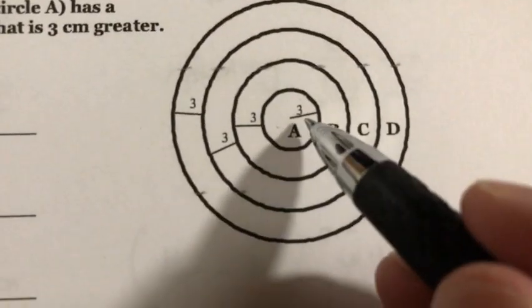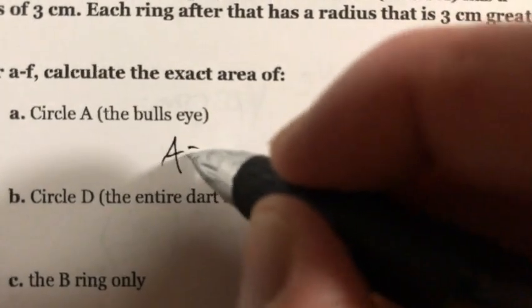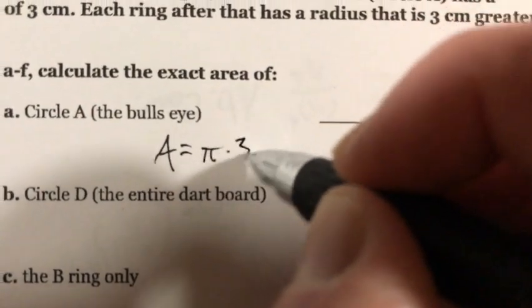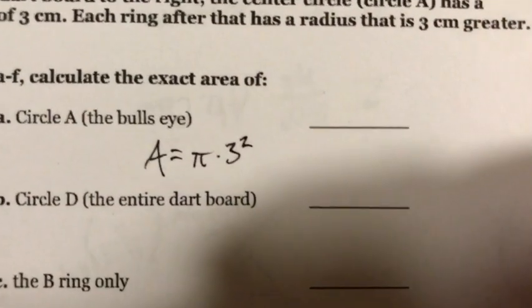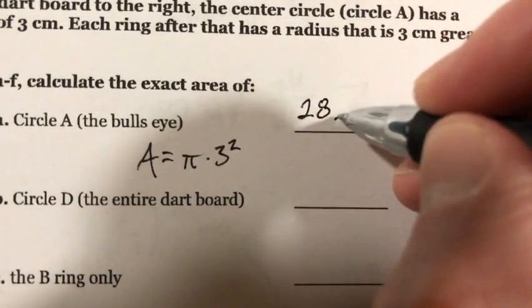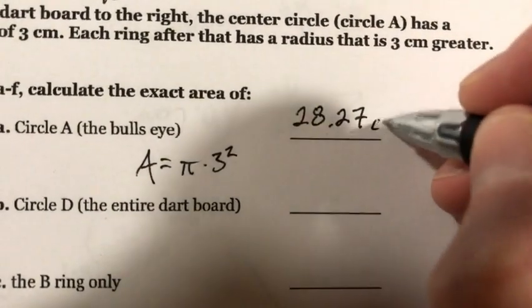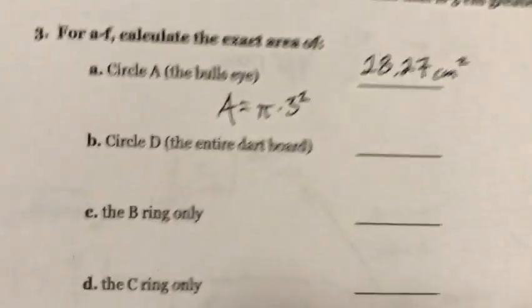Circle A is a circle with the radius of 3, and so the area is pi times the radius squared. That'd be pi times 3 squared. When I plugged that into my calculator, I got about 28.27 square centimeters. Circle D is the whole dartboard.